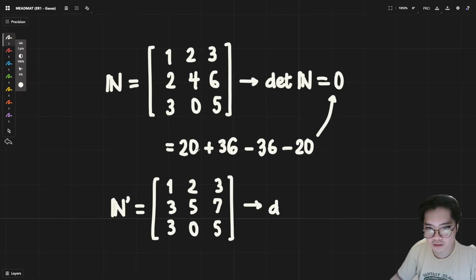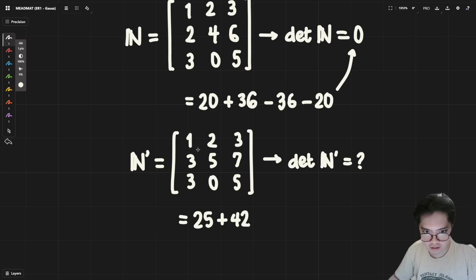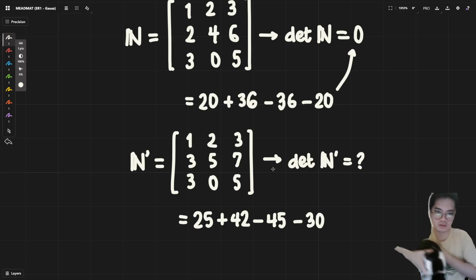Let's try it out, of course, right? 1 times 5 times 5, 25. 2 times 7 times 3 is 42, right? And then 3 times 3 times 0 is nothing. 3 times 5 times 3, that is minus 45. And then 3 times 2 times 5 is minus 30.